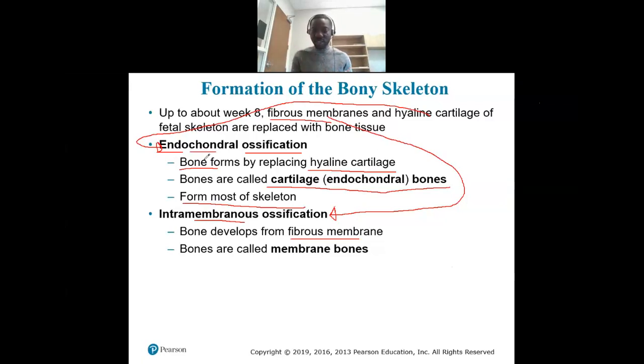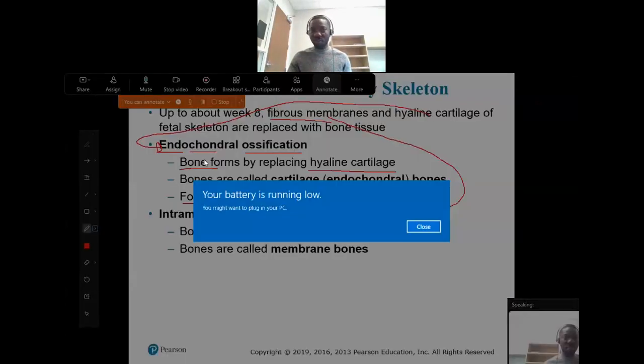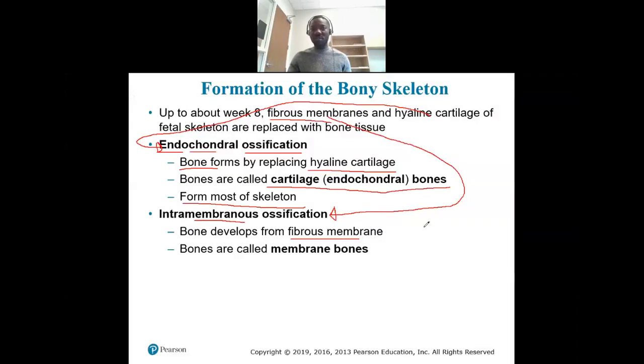After that, as the bone ossification gets initiated, the fibrous membrane is going to form some bones. That process we call intramembranous ossification. And then the hyaline cartilage is going to form some other bones. We call that endochondral ossification.